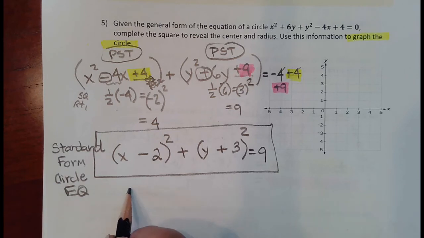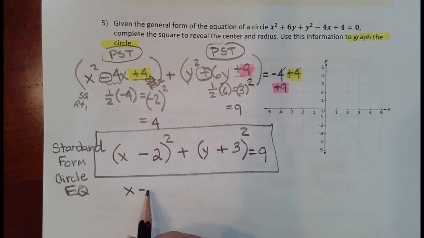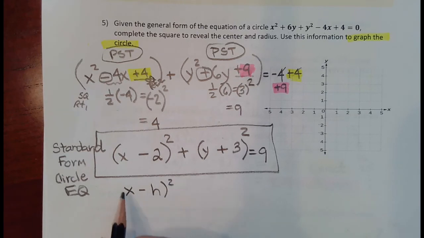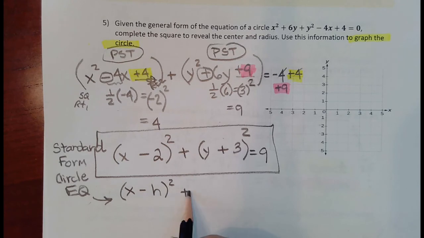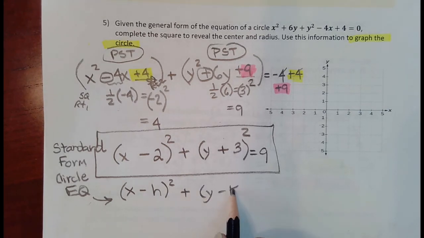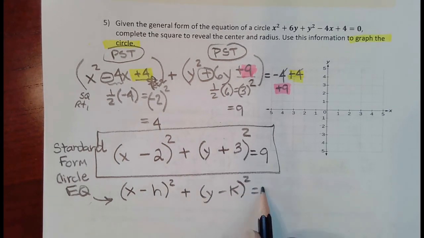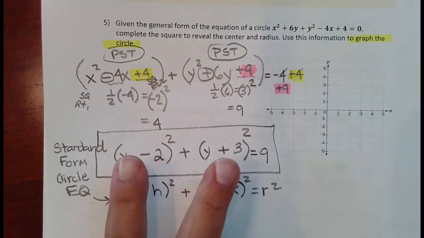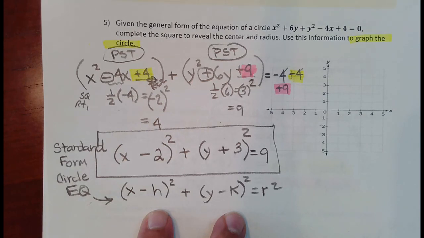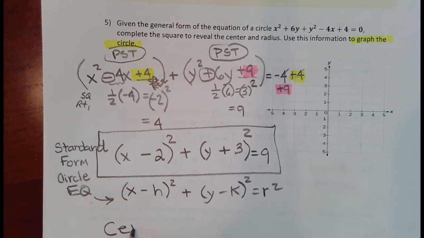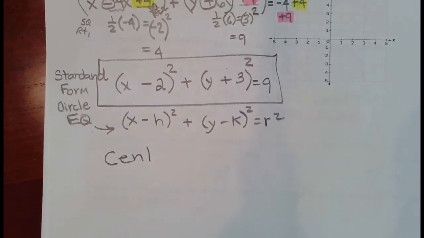So the center, okay, think about what number must have been plugged in right here, being that there's a minus sign, for it to end up looking like that. It would have to have been a positive 2. And then what number got plugged in here, being that there's a minus sign, that would end up looking like that. You would have had to have plugged in a negative 3 here, and then that minus would take the negative 3 and turn it into a positive 3.